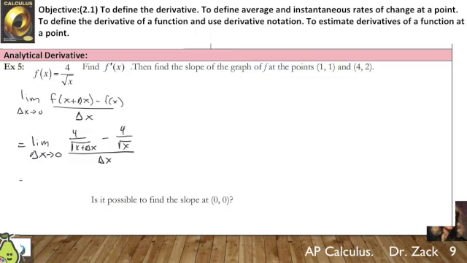Now, of course, we're going to need to find a common denominator, which leaves us with the limit as delta x goes to 0. 4 root x minus 4 times the square root of x plus delta x. In your denominator, you're going to write your delta x, the common denominator, x plus delta x, and your square root of x.